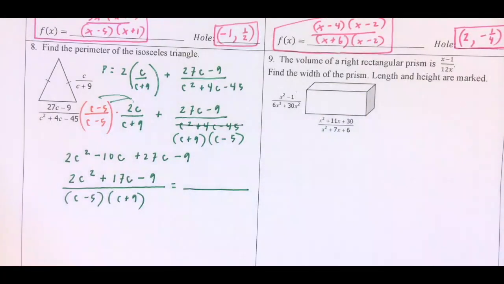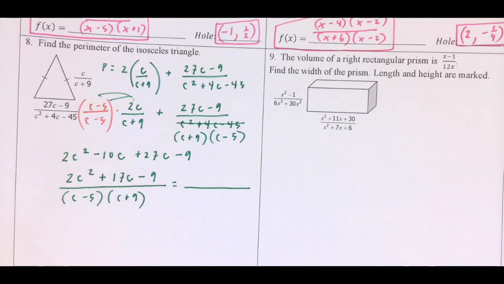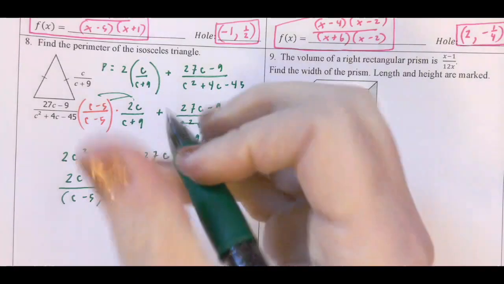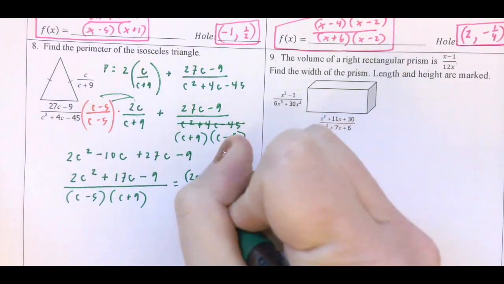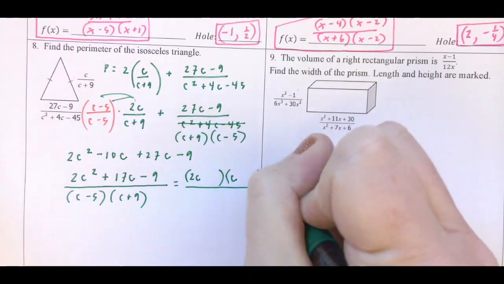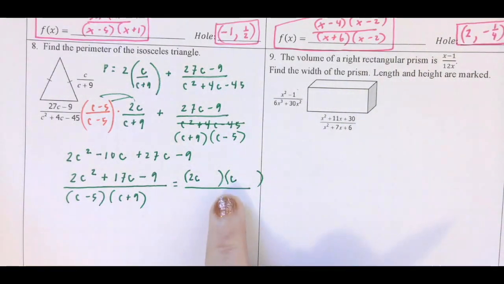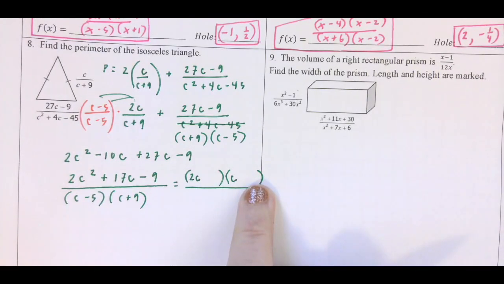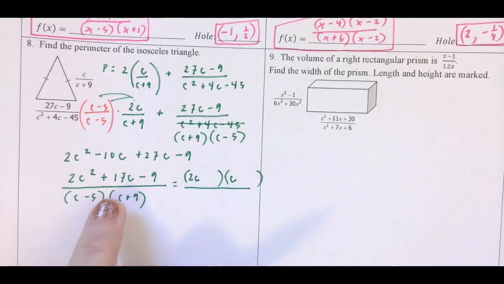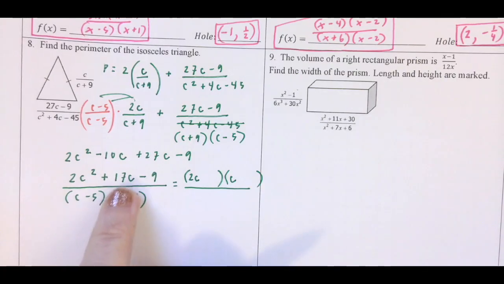All right, I'm hopeful that I can cancel more, so I have to see if I can factor this trinomial on top. If I can, I know it's going to be a 2c right there with a c here, okay? And then I know that the numbers here and here have to be 1 and 9 or 3 and 3. I know that in the middle I need a 17c.